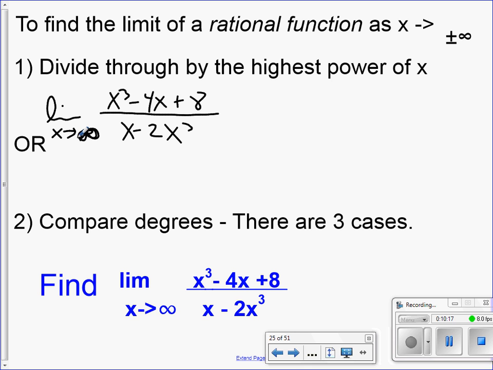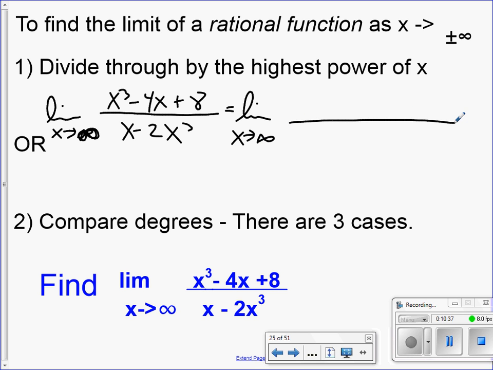What you do is you find the highest power of x. What is the highest power in this case? x to the third. And what you do is you just put every term over x to the third. You're allowed to do that because you're basically multiplying by 1.